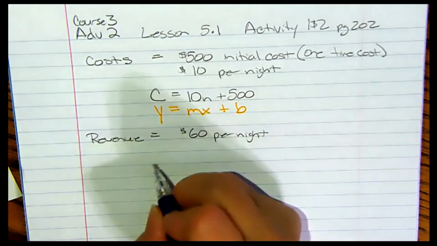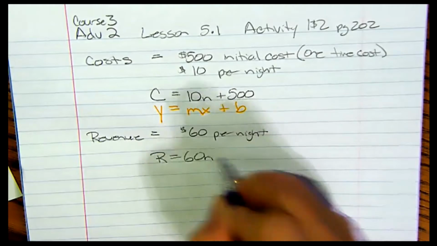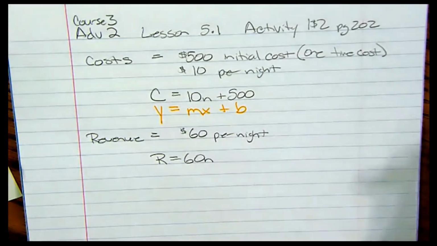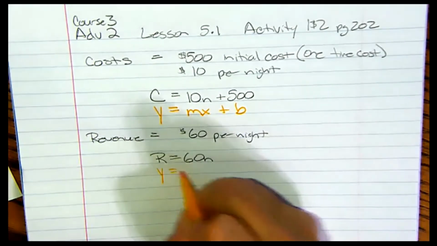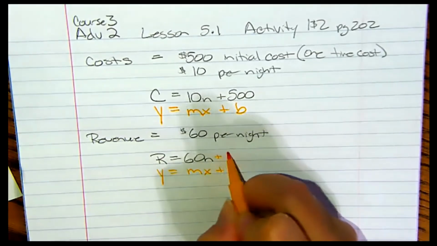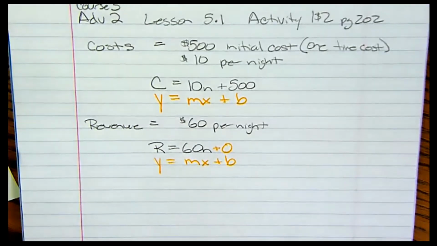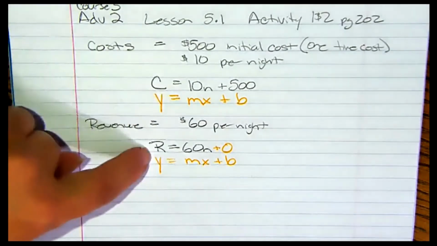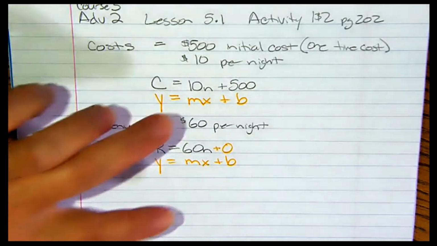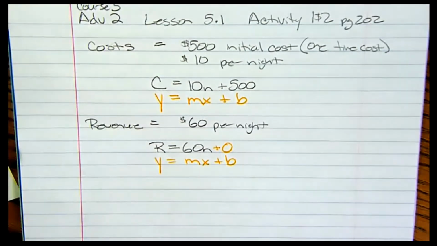So we need to turn that into an equation. Revenue equals $60 per night. Does this look like y equals mx plus b if we add our invisible plus 0? It does. So here we have a system of equations, cost and revenue.